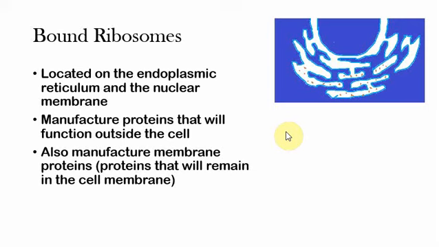The first are proteins that function outside of the cell. The bound ribosomes will produce those, and then those will just be exported outside the cell. The second type is membrane proteins, which, as their name suggests, function on a membrane.